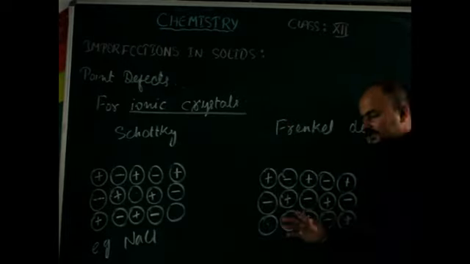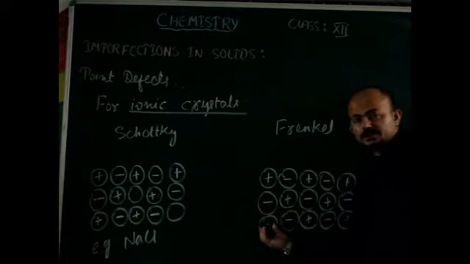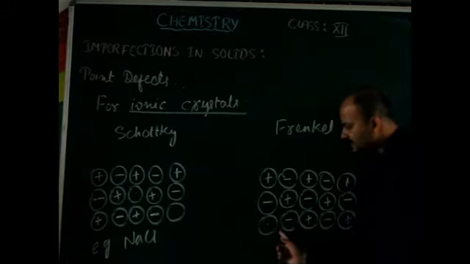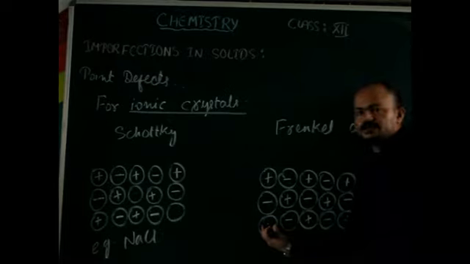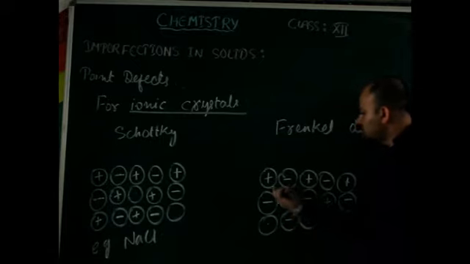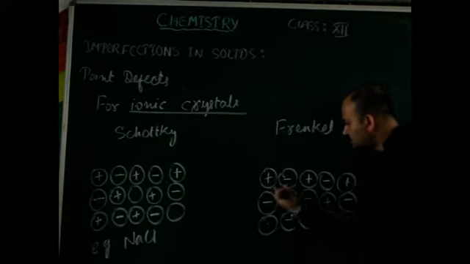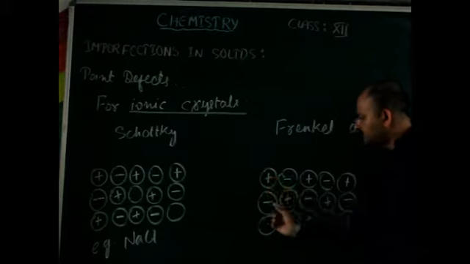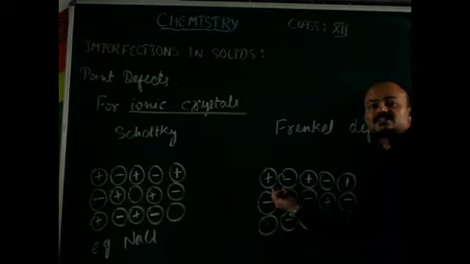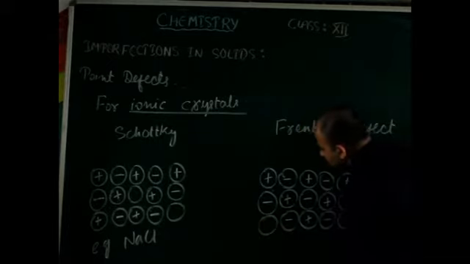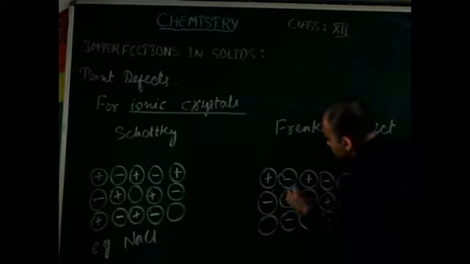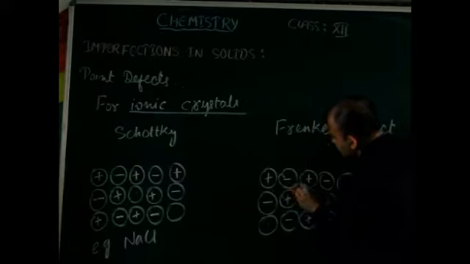All sites are occupied, but in this particular site there is no positive charge. This positive ion, instead of being placed here, has shifted to an interstitial position. You can see there is space in between these four spheres. This is known as an interstitial position. So now, instead of occupying this site, the positive charge will occupy this interstitial site.